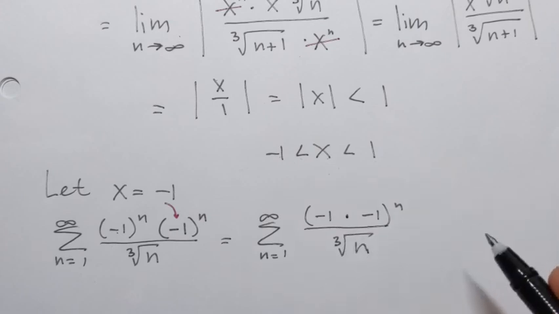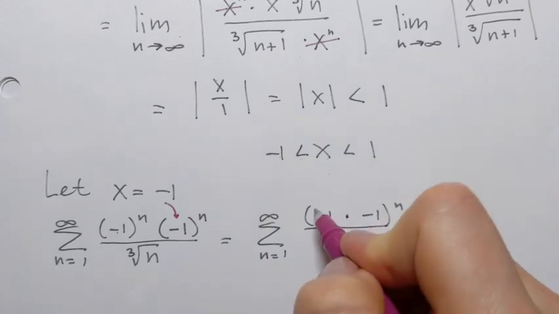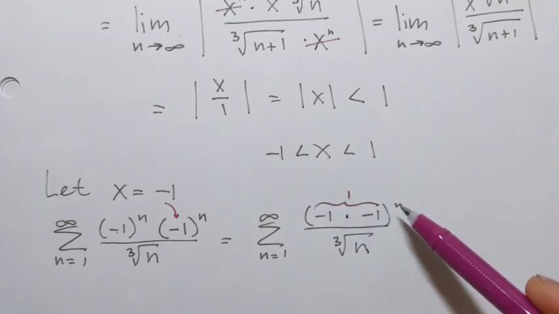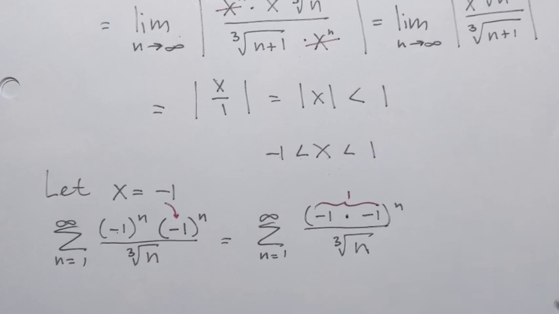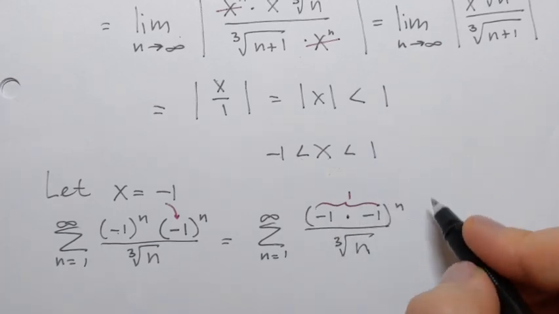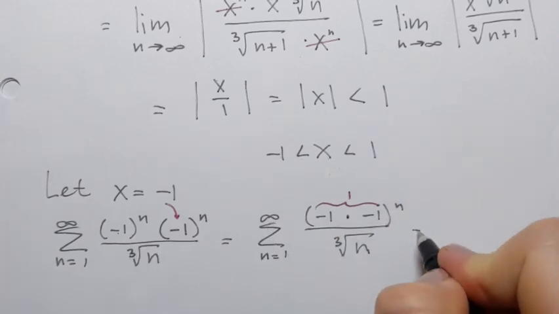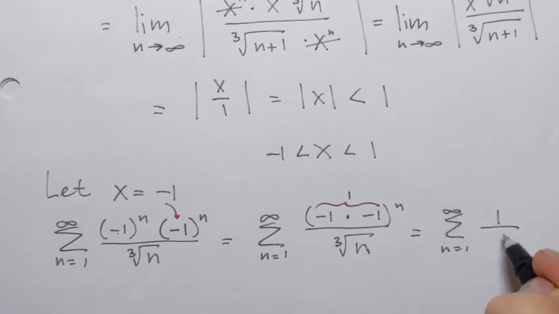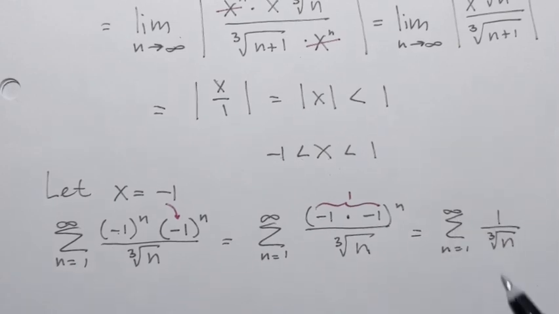But what is -1 times -1? It's just +1. And what is 1 raised to the power n? It's just 1, right? So in other words, the numerator simplifies to simply 1. 1 over cube root of n. And that's the series we obtain.